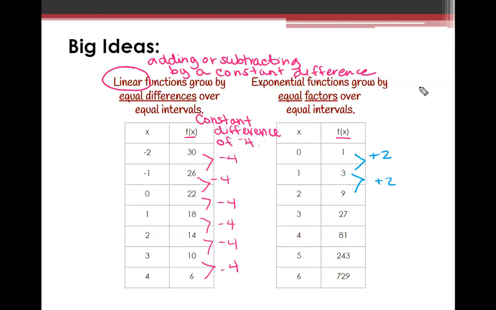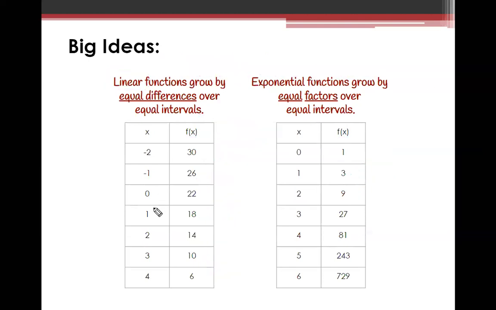So times 3, times 3. Okay, so each time, to get from 1 to 3 is what? 3. To get from 3 to 9 is 3 times 3. Does this work each time?